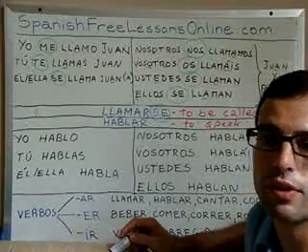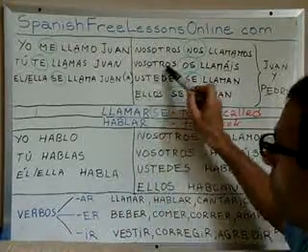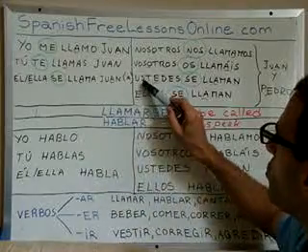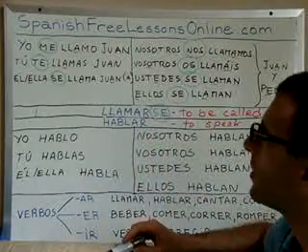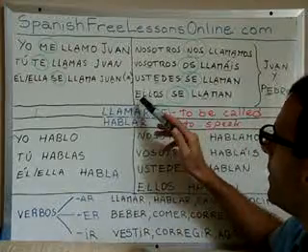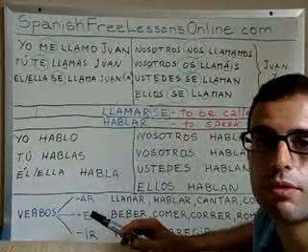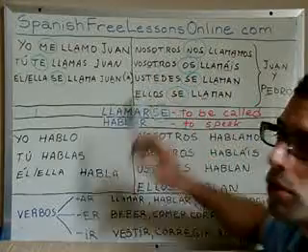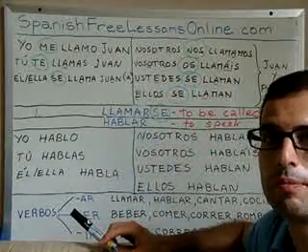I said before that in Spain they use vosotros, and in Latin America they use ustedes, okay, for you plural. And ellos, ellos is they. Nosotros is we.